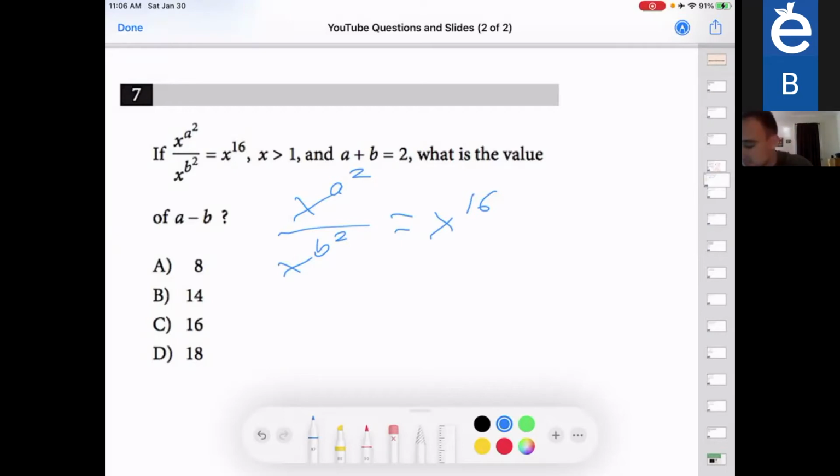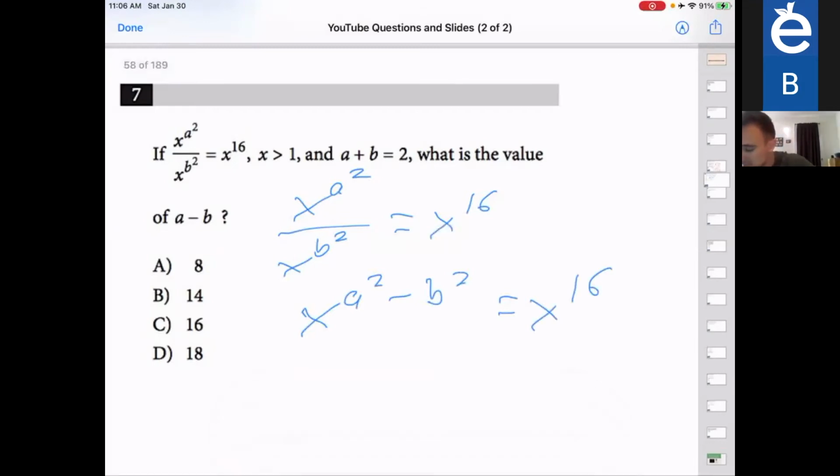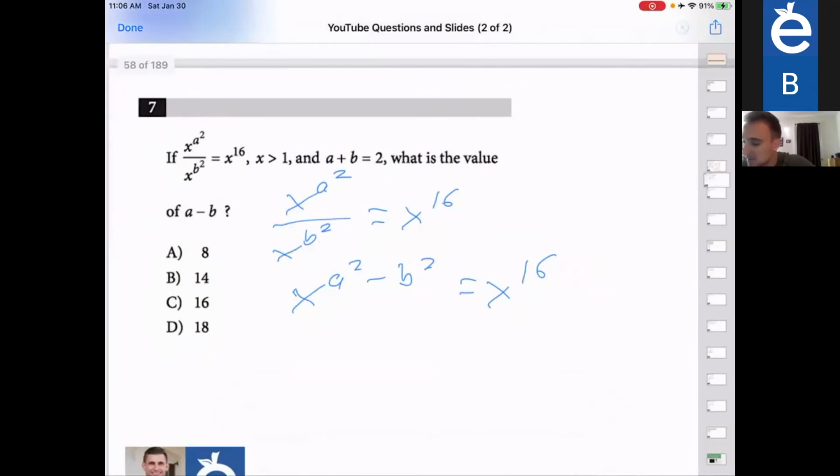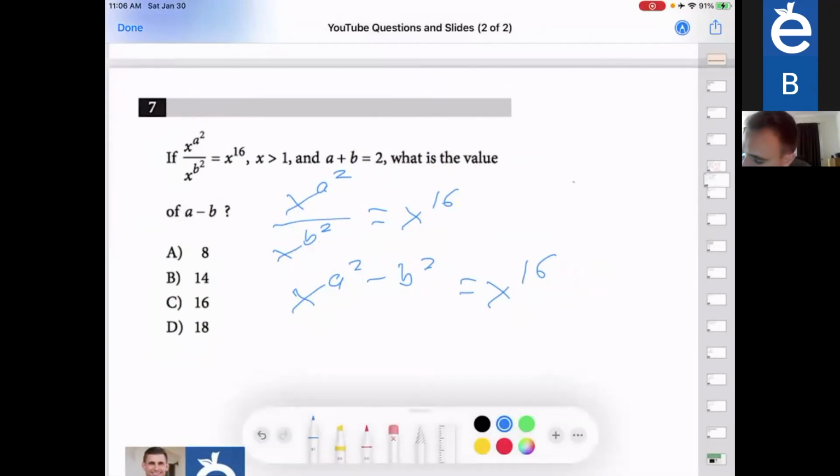This means that I can rewrite this as x to the a squared minus b squared is equal to x to the 16th. They also tell me that I have a plus b is equal to 2. So if I look at that term, a squared minus b squared, I pull that out, set that equal to 16.